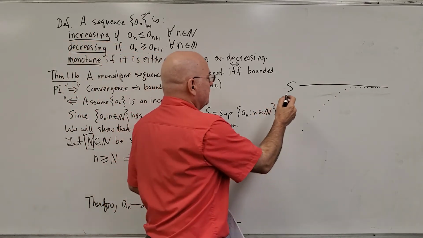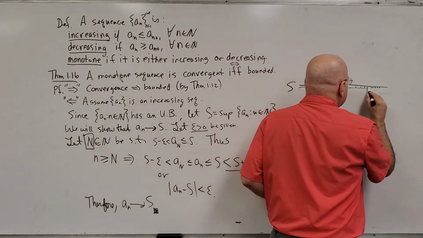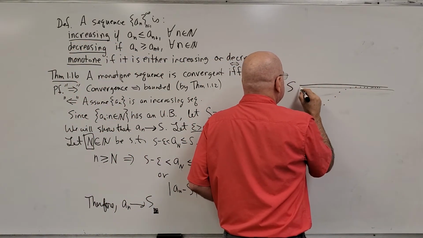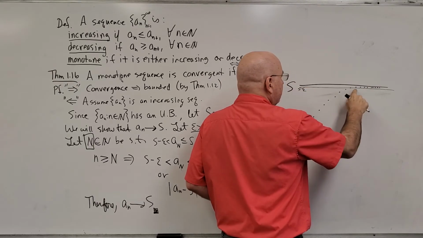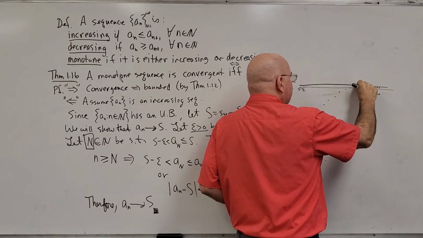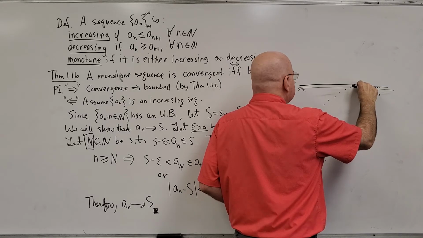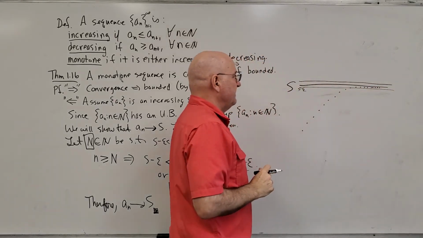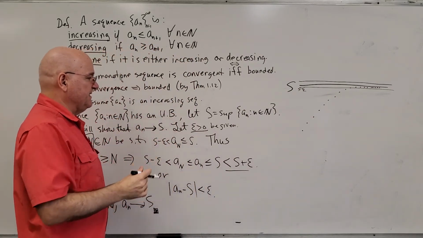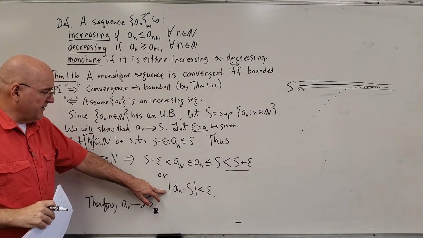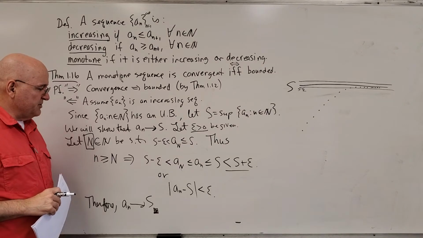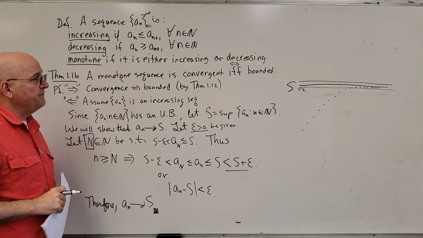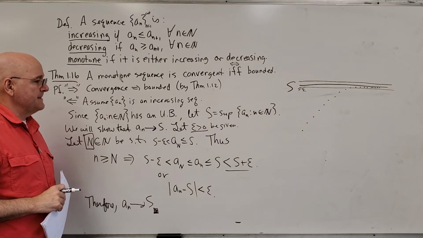So for every epsilon, if this were S minus epsilon here, we've got all of these terms in between S and S minus epsilon, which of course means they're between S plus epsilon and S minus epsilon as well. We only did that because that's what was required by the definition of the limit of the sequence.